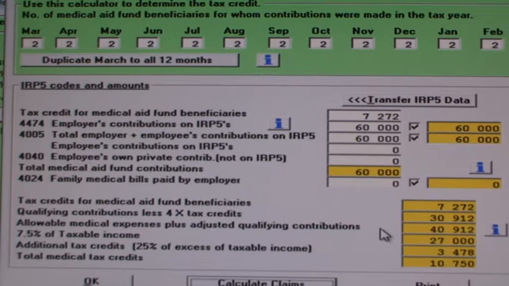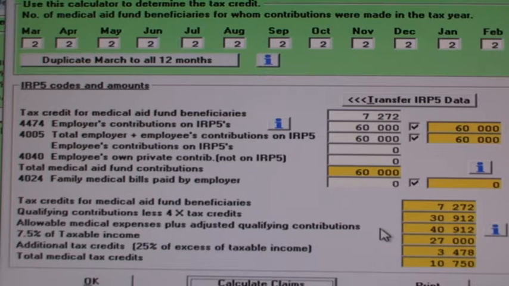In this case, the taxable income is the 300,000 Rand salary plus the 60,000 Rand code 3810 fringe benefit consisting of the employer's contributions paid. 7.5% of the 360,000 Rand taxable income is 27,000 Rand. 40,912 exceeds 27,000 Rand by 13,912 Rand, and 25% of 13,912 is 3,478.